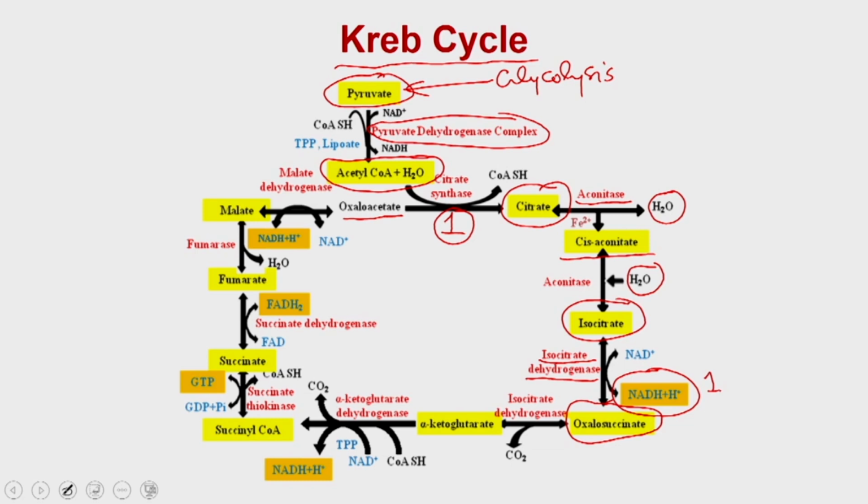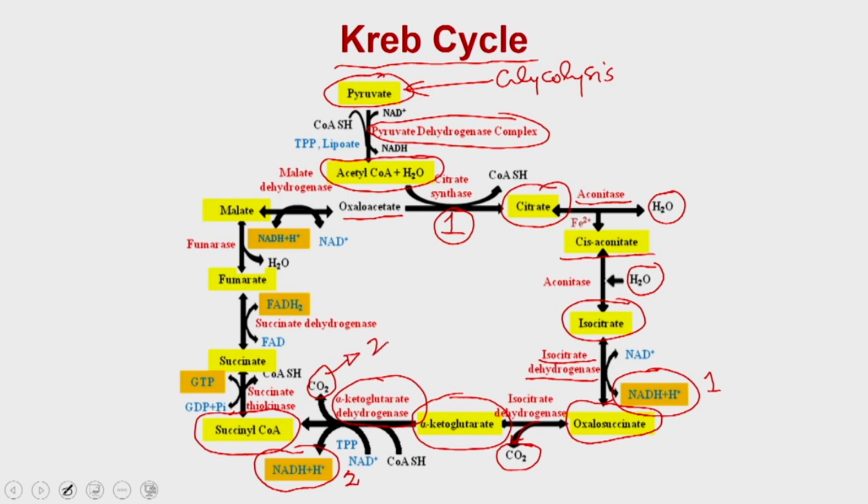After the oxalosuccinate, there is a decarboxylation reaction, and it loses one molecule of carbon and gets converted into alpha ketoglutarate. Alpha ketoglutarate is converted into succinyl CoA and one molecule of NADH is produced. This is the second NADH molecule, and the enzyme is alpha ketoglutarate dehydrogenase, and a second molecule of carbon dioxide is released.